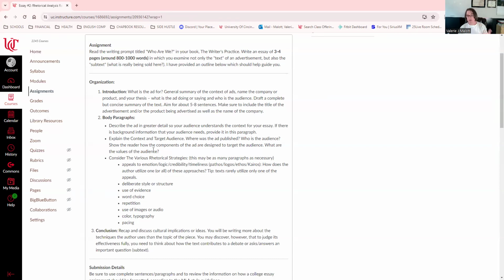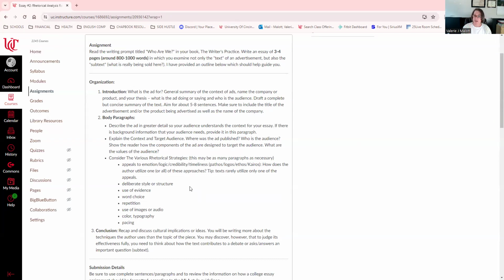So you might have a whole separate paragraph talking about the type of audience or the context. Where was the ad published? Who is the audience? Show the reader how the components of the ad are designed to target the audience and what the values of the audience are. And then you're going to spend several paragraphs focusing on the various rhetorical strategies. So that could be the rhetorical appeals, appealing to emotion, logic, and credibility, even timeliness. How many of those approaches are used?